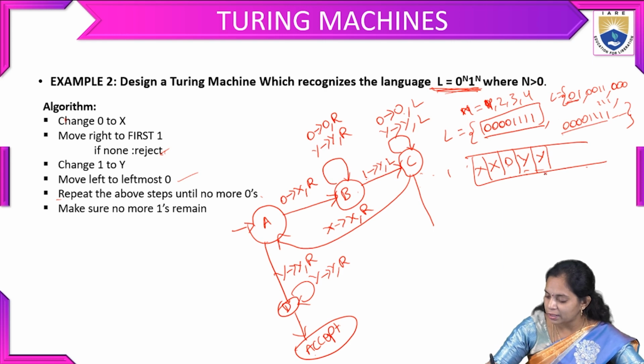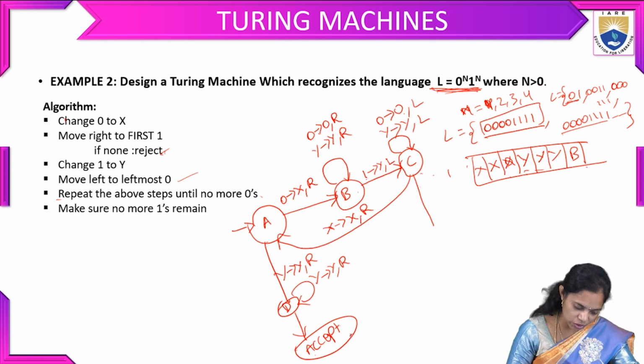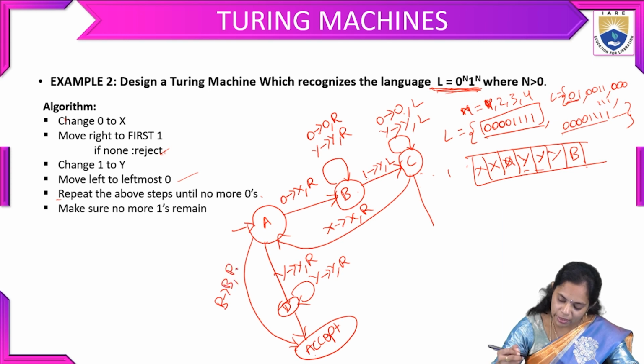And the header, finally, reaches the blank symbol. So here the blank symbol is there. We have to accept the string. So I accept this string. And here the blank symbol is replaced with the blank, and we move to the right direction.